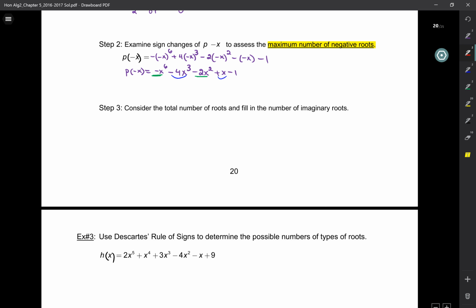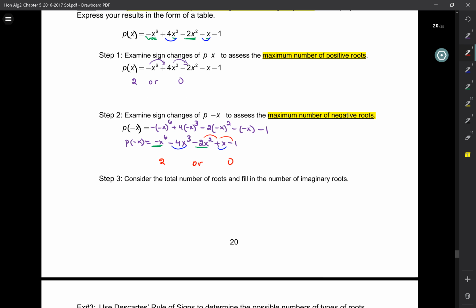So p of negative x, how many times does p of negative x change sign? 2. Why 2? Oh yes, 2. 1, 2. Right? So 2 or 0. Now I need to take all of the possibilities.